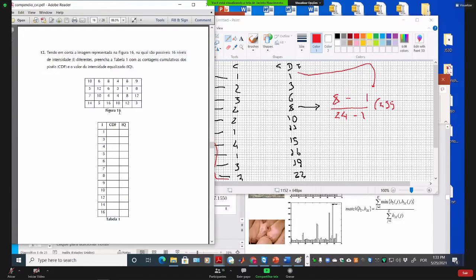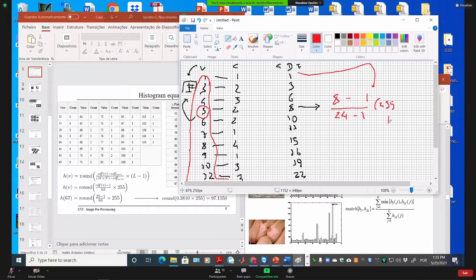I can assume that you have 16 possible values, so this can also be 16. It depends on the question. Minus 1. Okay, and that's it. And then you repeat for any other values in the matrix. You repeat the calculation again.